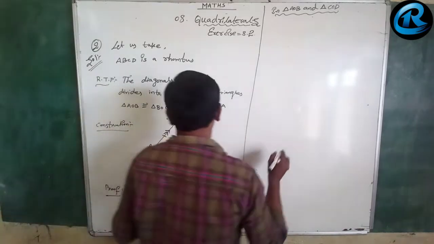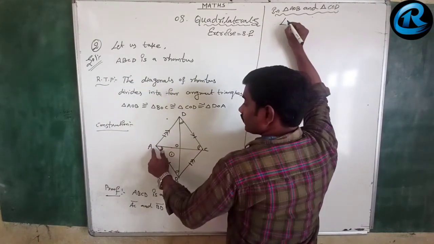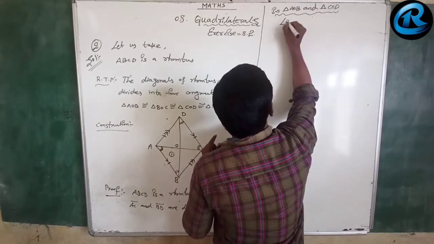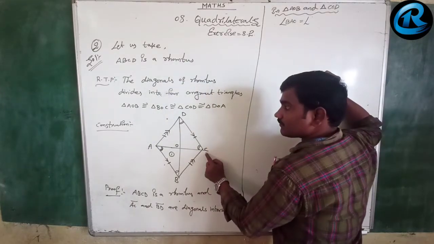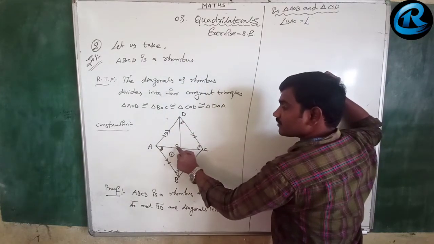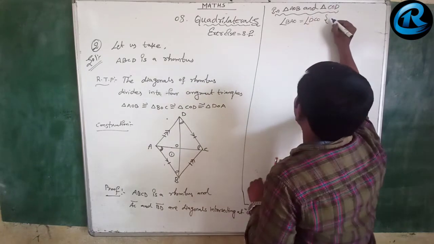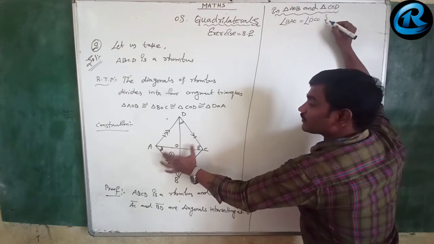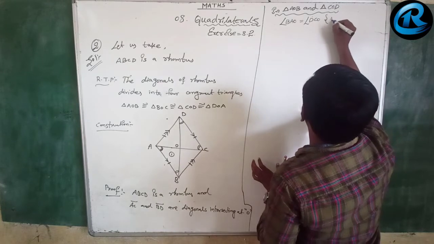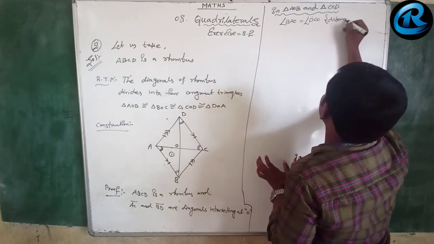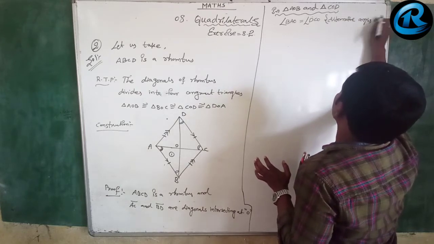So here angle BAO is equal to angle DCO. How? Alternate angles are equal, since AC is a transversal of the two parallel lines.